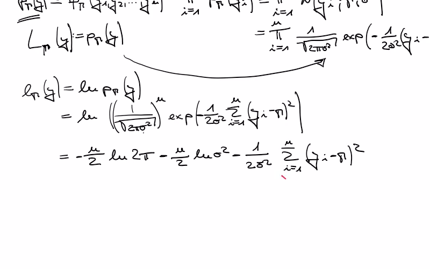So we now have a log likelihood function, and don't go away. The procedure then says we should compute the derivative of the likelihood or log likelihood function with respect to our parameter of interest. And our parameter of interest is, of course, in this case, mu, because we want to estimate mu. So we can compute the derivative with respect to mu of L(mu, y).